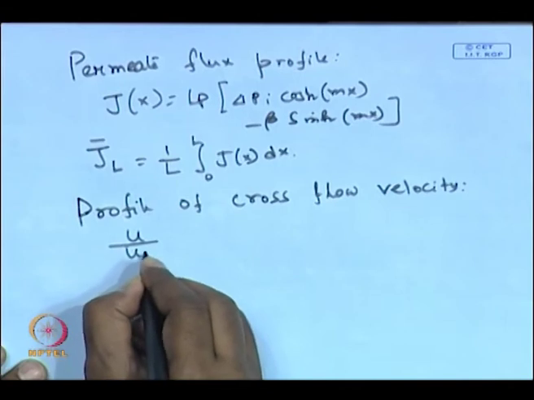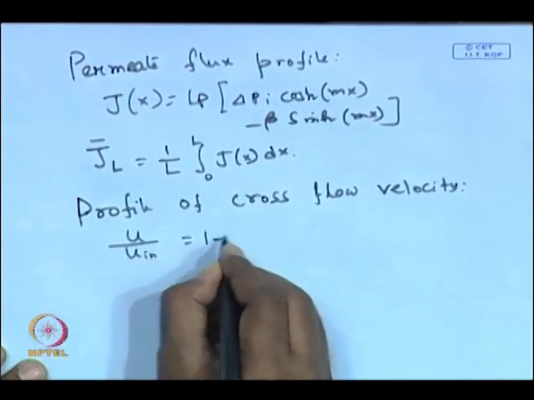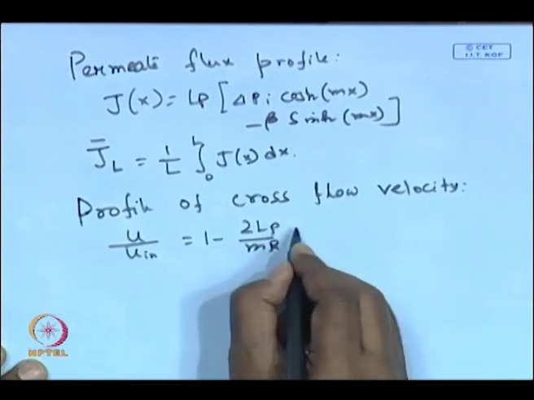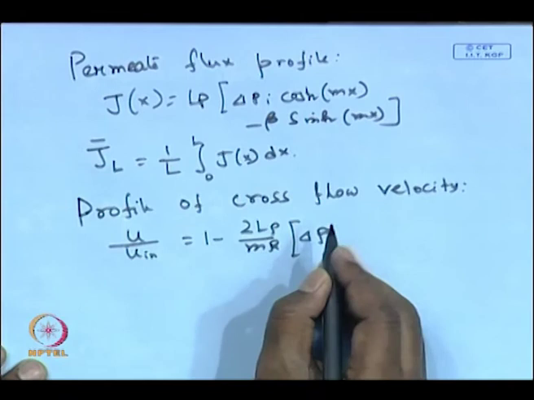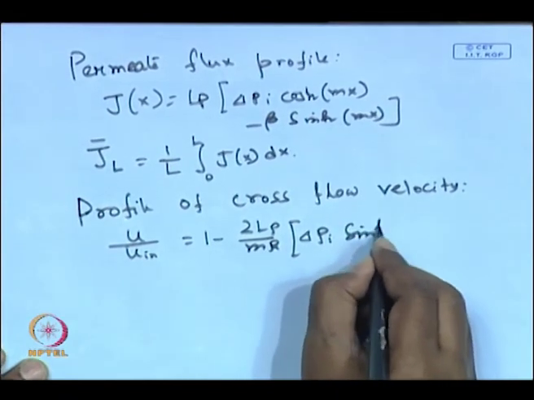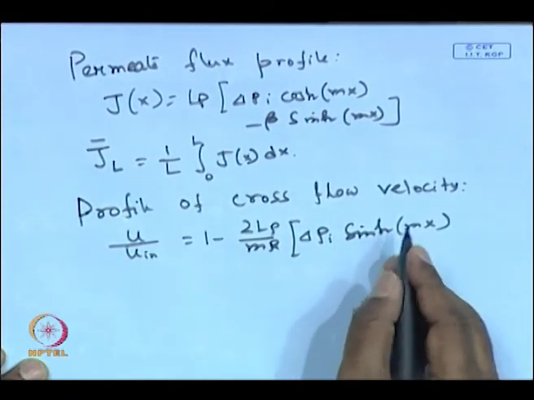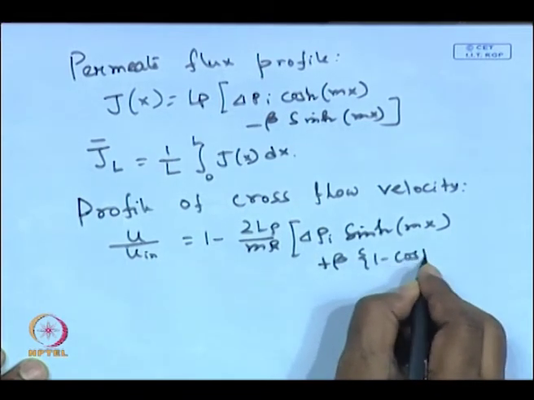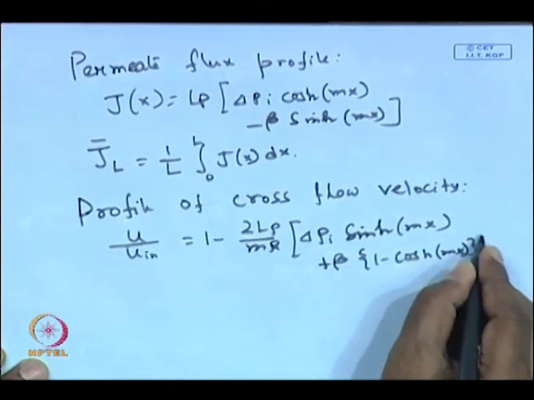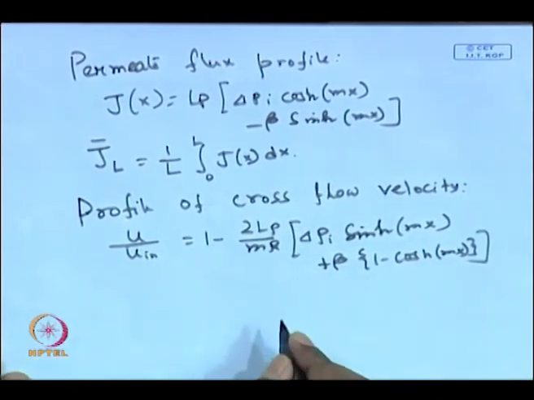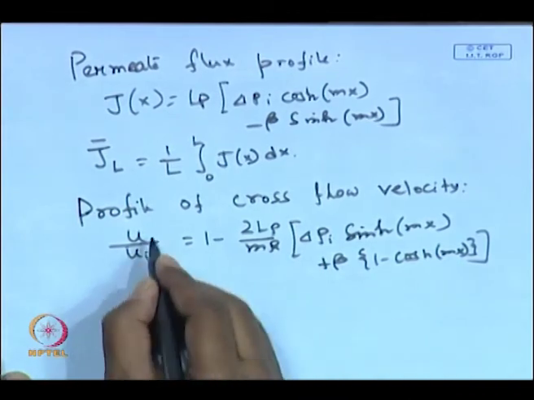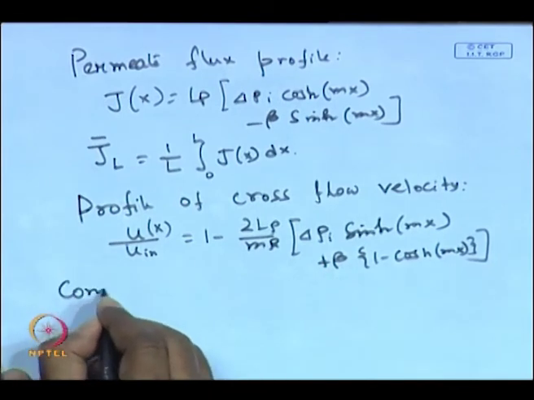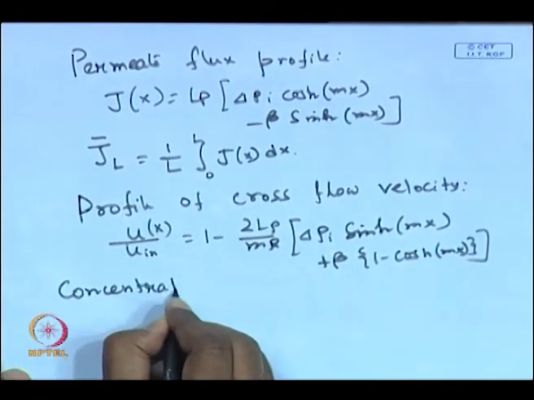U divided by U at inlet is nothing but 1 minus 2 Lp divided by m r times delta P in, bracket sinh mx plus beta times 1 minus cosh mx, bracket n. So one can get U at any location x, and one can get the concentration profile at any location of x.